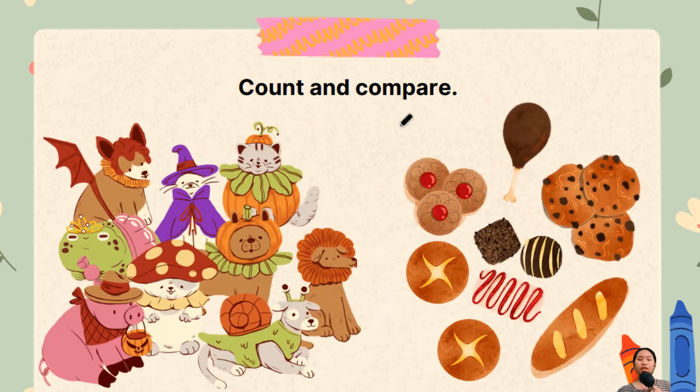Now, so as you can see, I have a lot of treats over here. I have candies, bread, cookies, and a turkey leg. And then I have a bunch of animals over here. You see, we have pigs, we have dogs, we have cats, and we have frogs, okay?